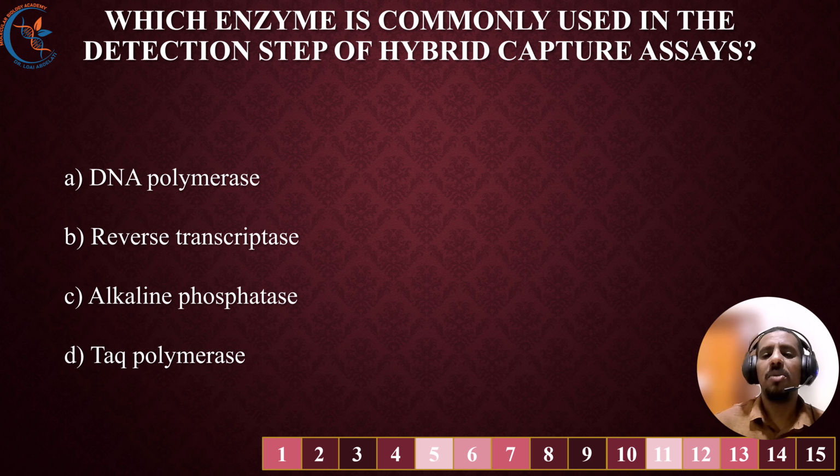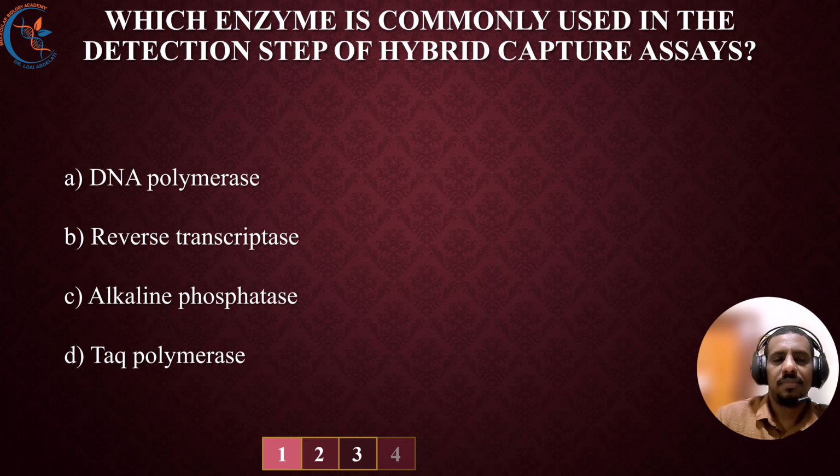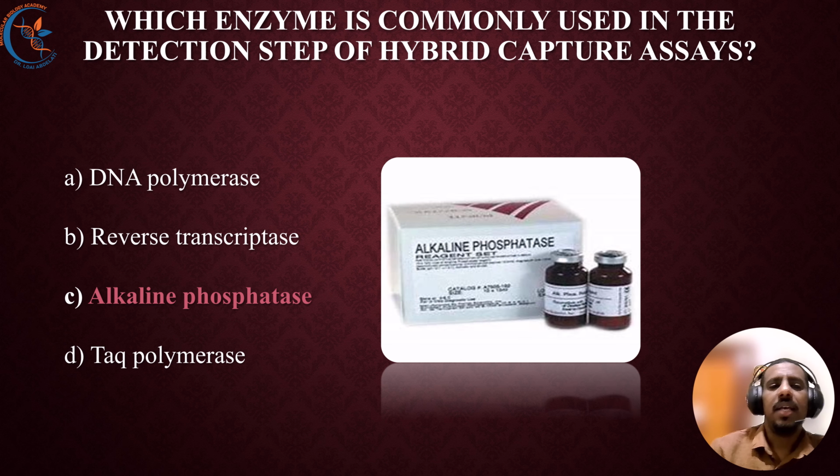The next question here. Which enzyme is commonly used in the detection step of hybrid capture assays? The enzyme alkaline phosphatase is commonly used in these methods as it produces a chemiluminescent signal upon binding to DNA-RNA hybrids. Let's move on.